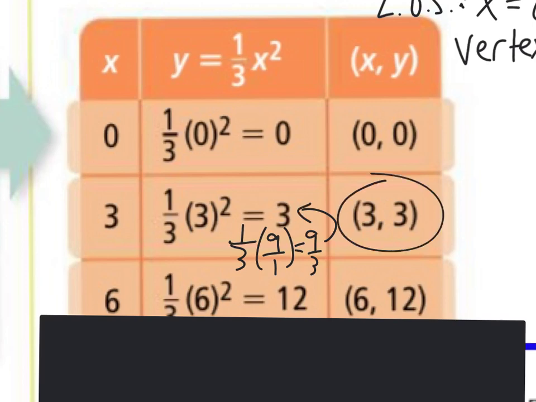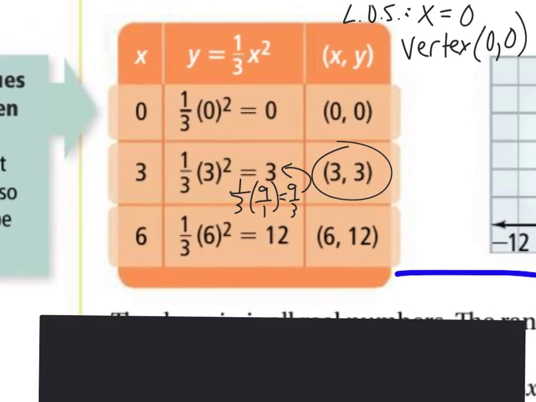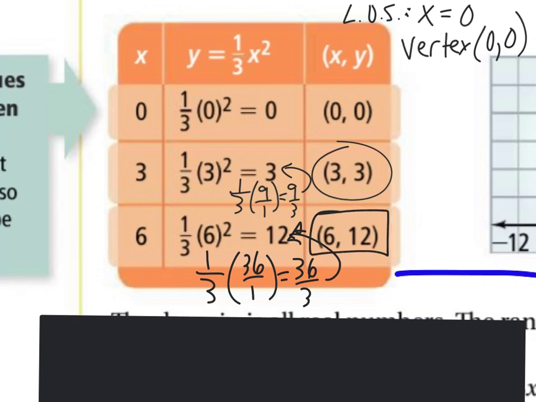So (3, 3) would be another point on the graph. And then they put in 6, which is the next multiple of 3. So 6 squared is 36, and 36 divided by 3 is 12.